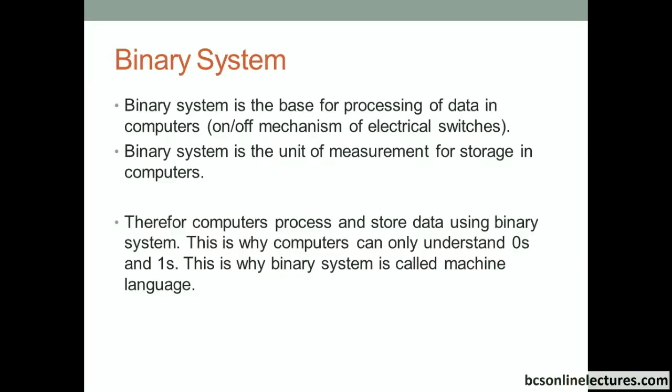We use bits and bytes to measure how many binary numbers we can store in a particular device, right? Therefore, computers process and store data using the binary number system. This is why we say that computers can only understand zeros and ones, in presence and absence of electric current, right?